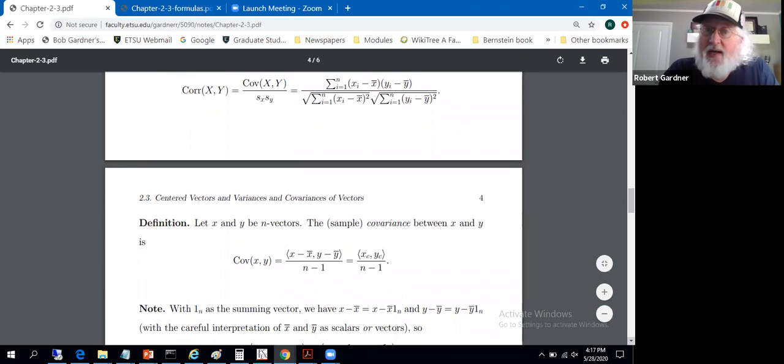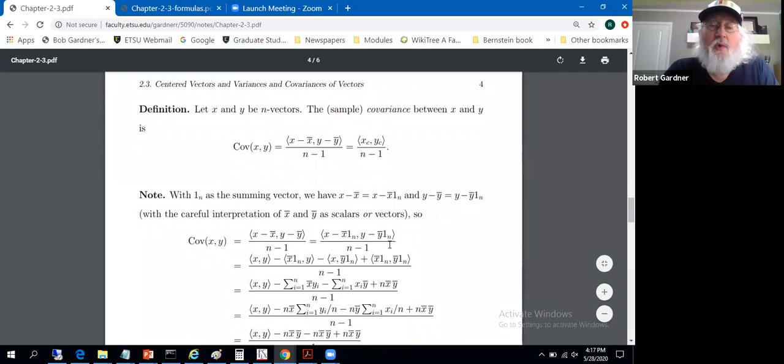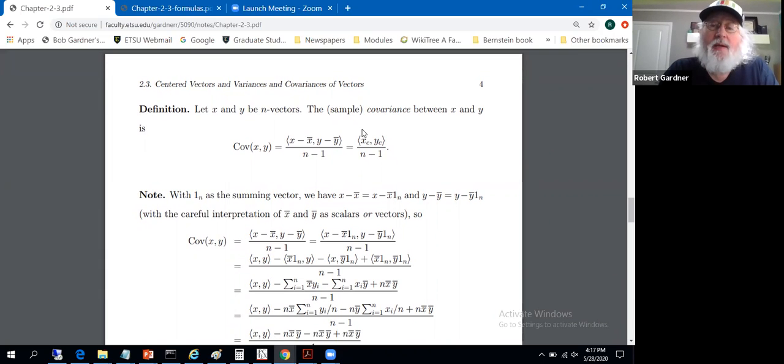Let's, with an eye towards that, define for x and y in vectors, think of them as vectors of data, the sample covariance. It's going to divide by n minus 1 as we did upstairs. Sample covariance between these is, by our definition, the inner product of x minus x bar and y minus y bar. Those are x sub c and y sub c, if you like, divided by n minus 1.